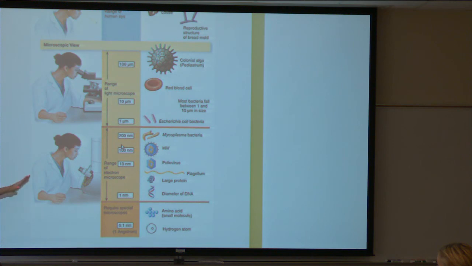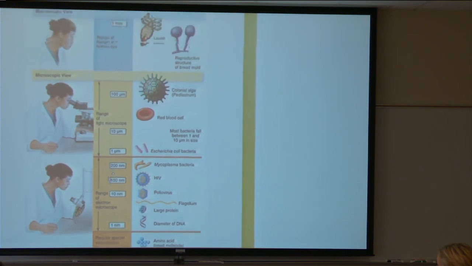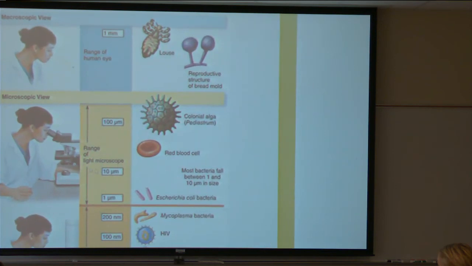Her sole job was running the electron microscope. We weren't even allowed to walk in the room where the microscope was. You just give your samples, she would run them, you get the report back. They're pretty intense, but they are awesome. But what we can see in here with our light microscope is plenty for this class. We can see just about all bacteria, which is awesome.